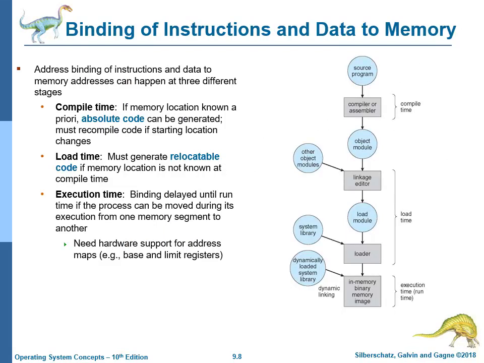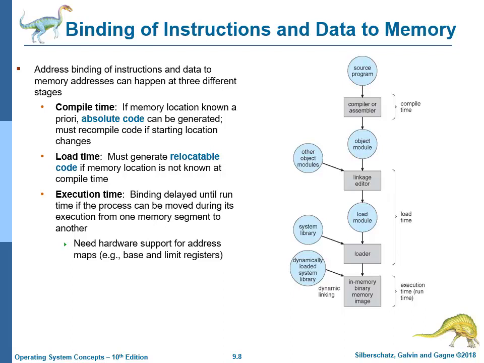The addresses in the source program are generally symbolic, and the compiler typically binds these symbolic addresses to relocatable addresses. The linker or loader in turn binds the relocatable address to an absolute address. Each binding is a mapping from one address space to another.